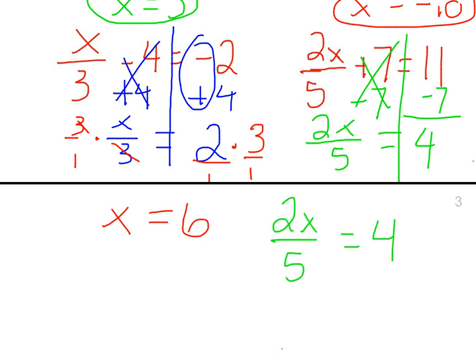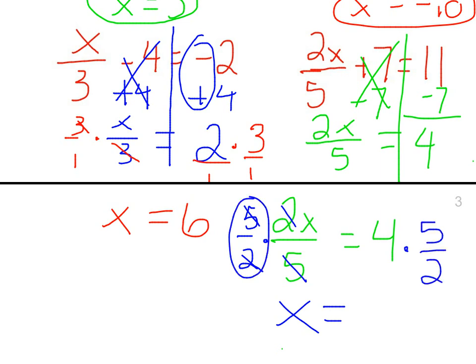And the way you get rid of the 2/5 is by multiplying by the reciprocal. So if I do that, I can cancel those out and cancel those out. So that leaves me with just the x left on this side, but I have to come over here and write times 5 over 2. Since I did it to this side, I need to do it to this side. If I put that over 1, I can now cross cancel. That's a 1, that is a 2, and 2 times 5 is 10.